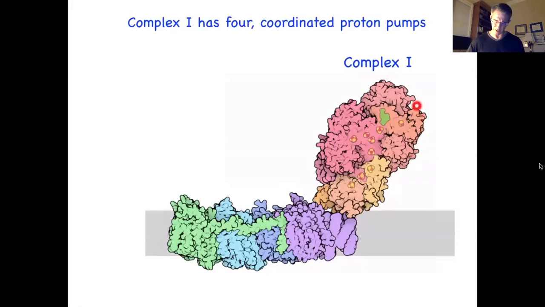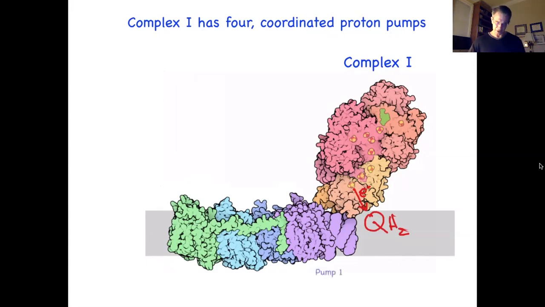So we've talked about this matrix-facing lobe where the flavin mononucleotide and the iron sulfur clusters take up the electrons. I pointed out that the coenzyme Q binding site is going to be right down here, and those electrons are going to come down here into coenzyme Q to create the hydroquinone form of the coenzyme Q. The cool thing was when people solved this bacterial structure, the answer to the problem just immediately dropped out.